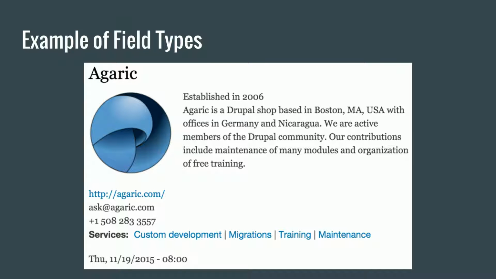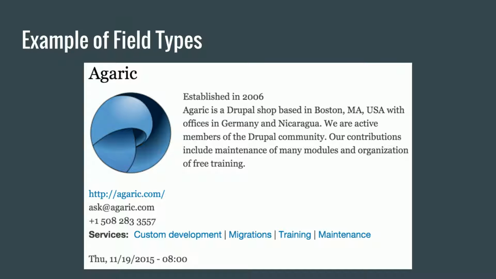These are some example field types. So this would be a text field type. This, where it says established in 2006, that is actually a number. Let's use this example. This is a content type to store information about organizations or companies.